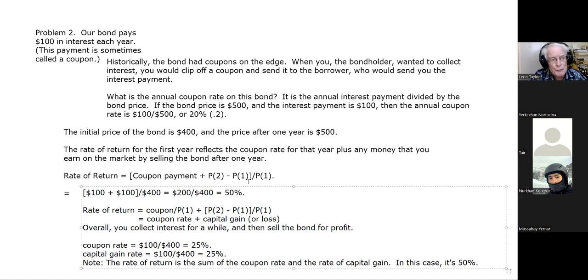Any questions about problem number 2? I will give you a moment to look at those notes, and then we will move on to problem number 3.